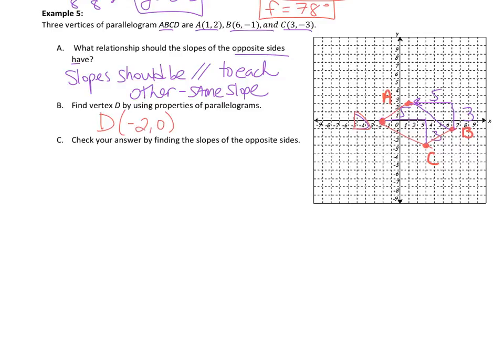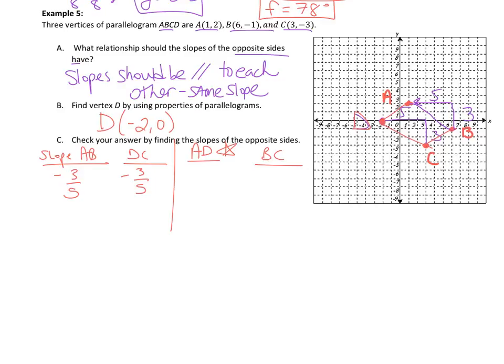Next, we want to check the slopes of all 4 sides. We already know that the slope of side AB is -3/5, and the slope of side DC is also -3/5 because they are parallel to each other. So we need to find the slopes of side AD and BC. I want you to find the slope of AD right now.